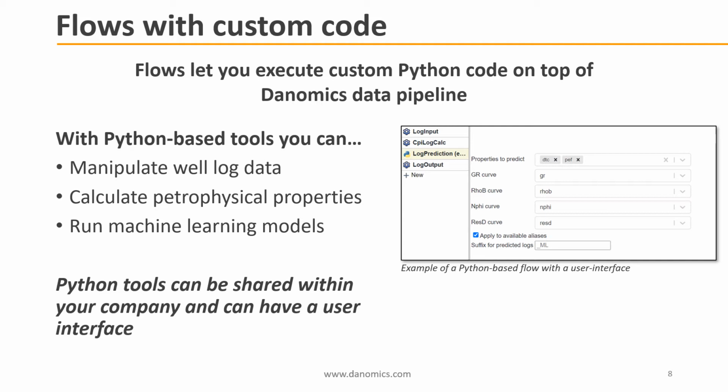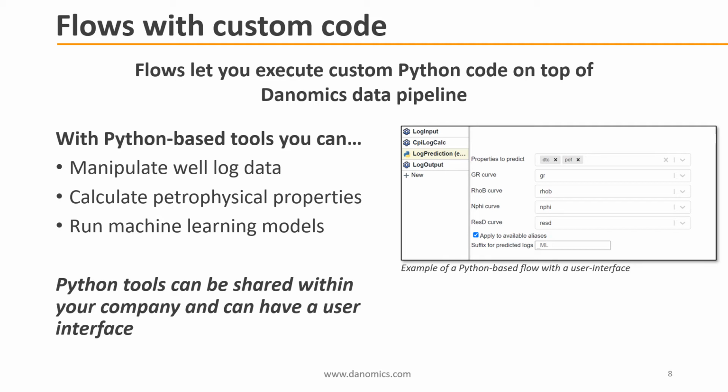And then finally, when you want to run custom code, we let you execute your own Python code on top of Danomics data handling capabilities. And these Python tools can have a very wide range of applications. You can use them to manipulate well log data, calculate petrophysical properties, even execute machine learning models.